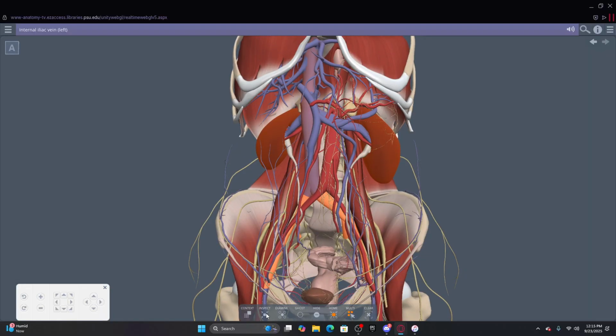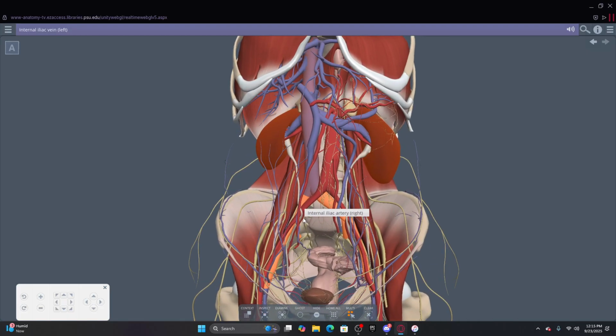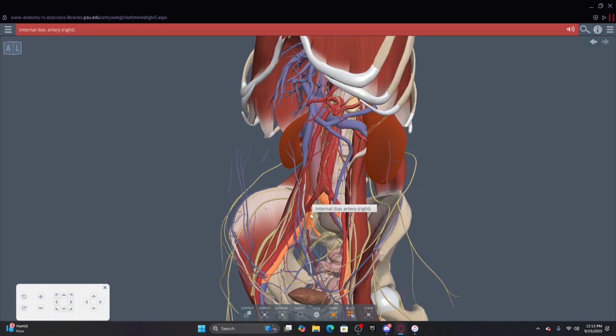So I'm going to inspect. We have inferior vena cava, common iliac vein, left and right, which splits into the external and internal iliac veins. And I'm going to highlight the arteries as well, just to show you guys that they're literally running right next to each other.